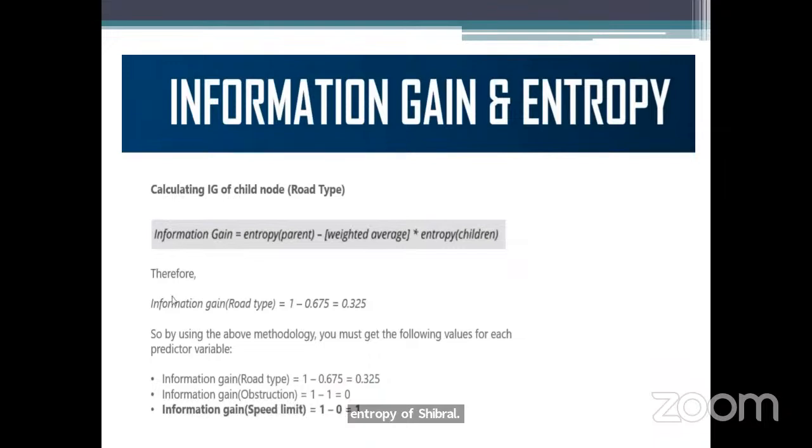The speed limit gives you the maximum information gain. The information gain for speed limit is 1. So we find the information gain value for the decision tree. This way, you can calculate the decision tree. So within this time, I conclude this.